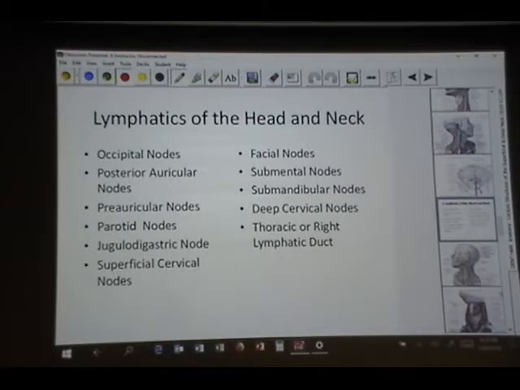But what else are the lymphatics doing? They're trying to capture things, not only protein and water, and bring it back into circulation. Where do they bring it back into circulation? Where specifically?